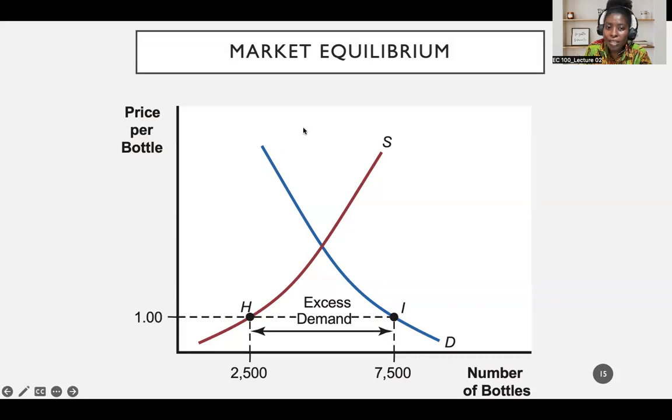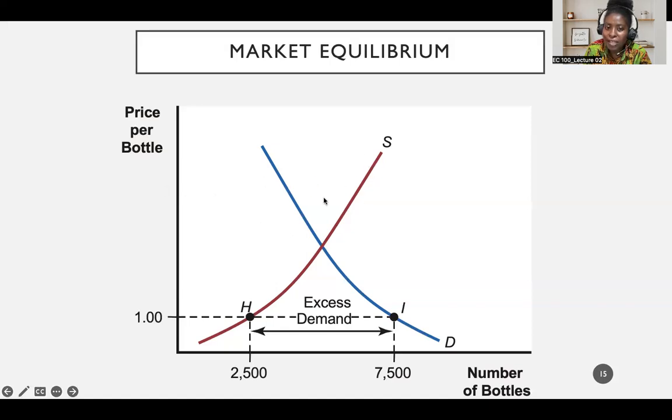So that excess supply will put a pressure. There are some suppliers who will go, it's too expensive for people to buy, I'm going to lower my price. So instead of selling at $6, I'm going to sell for $4. So there'll be pressure to lower the price.